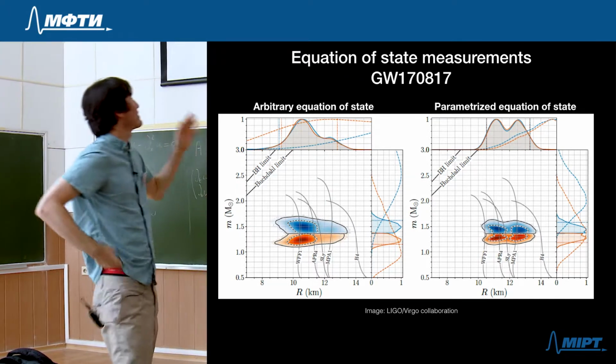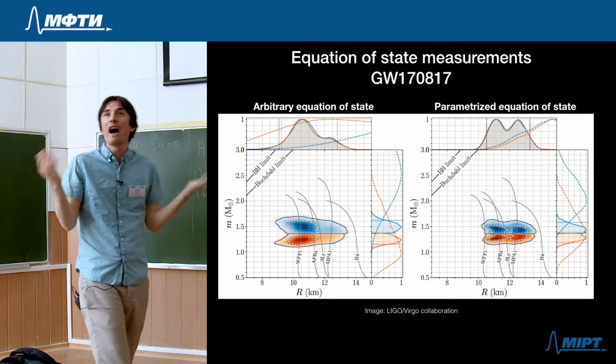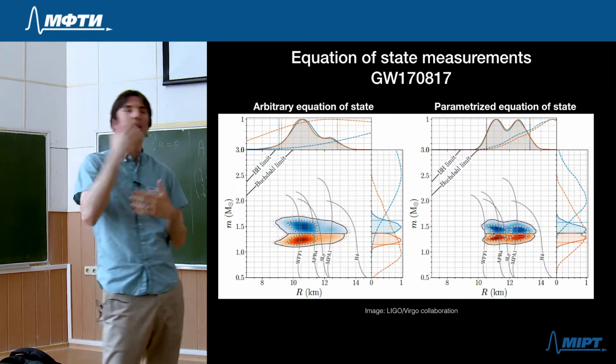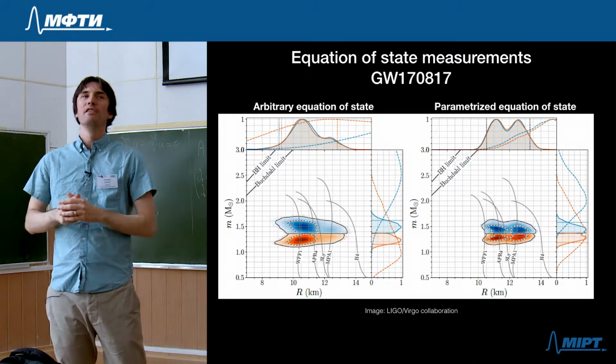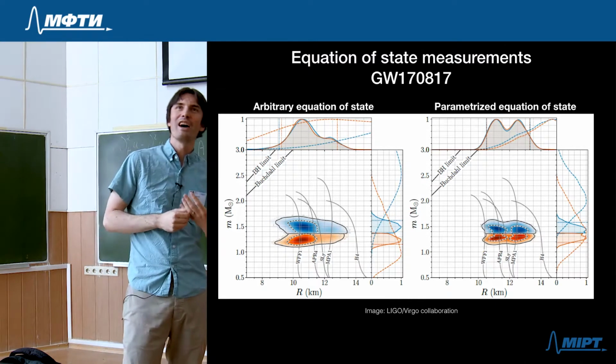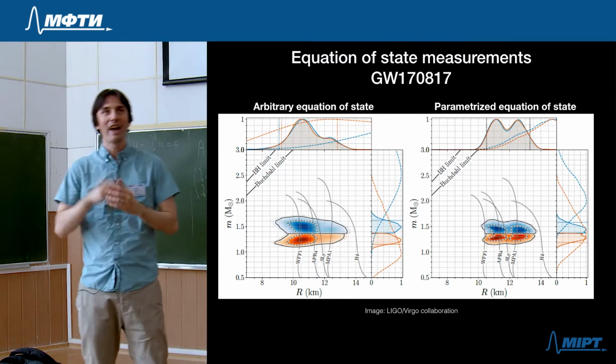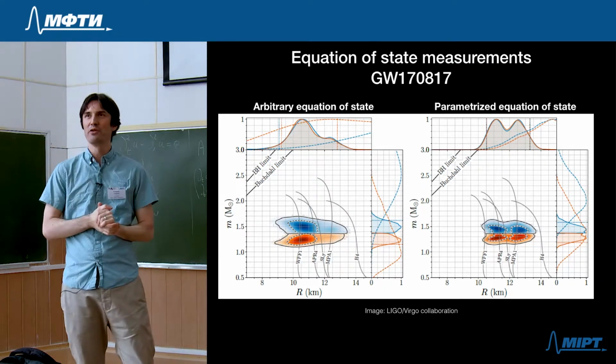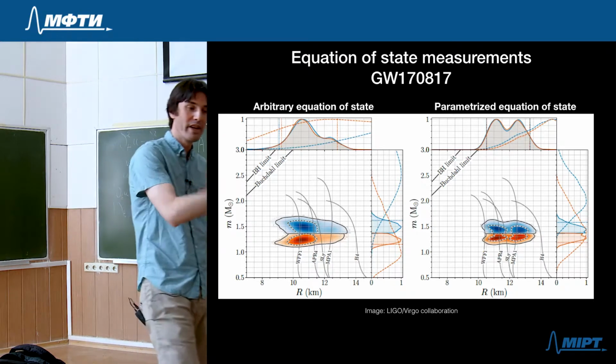It's not an extremely accurate measurement, but it's just one event, and LIGO is going to be able to add tens of events, and under the assumption that all neutron stars have the same composition, you can add them together and reconstruct the equation of state of neutron stars by using all of the available events.